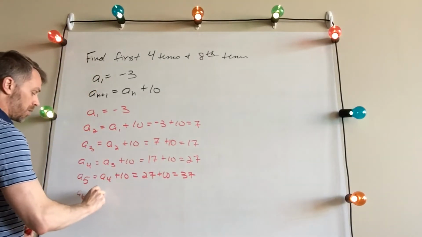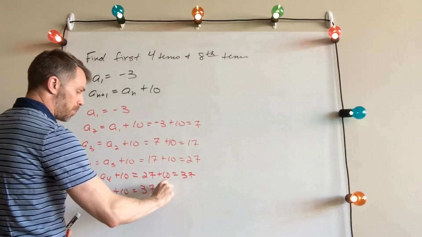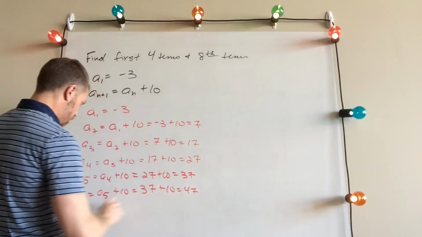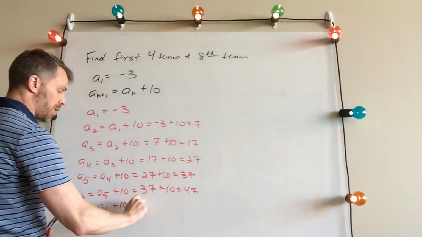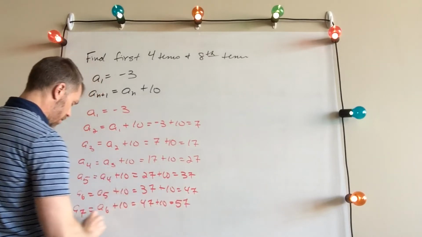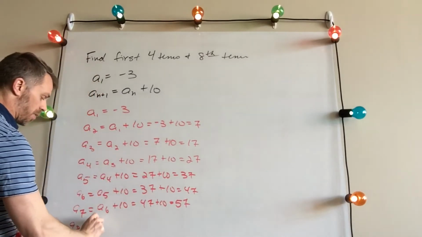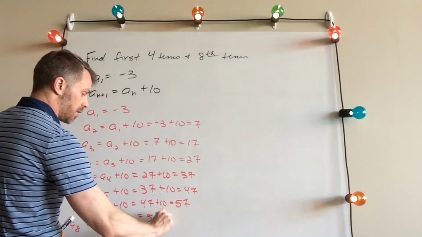Our 6th term comes from our 5th term plus 10. Our 7th term comes from our 6th term plus 10. And our 8th term, finally, comes from our 7th term plus 10.